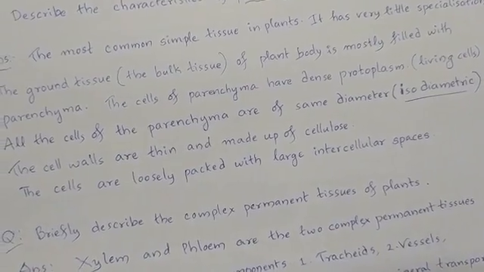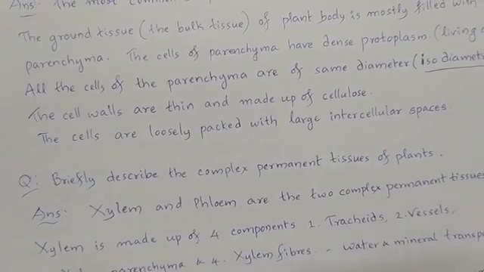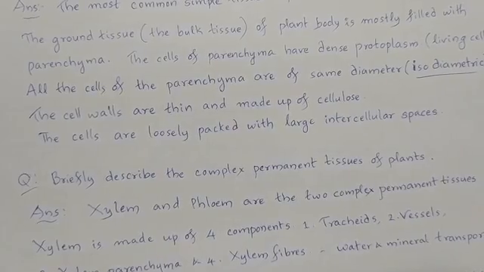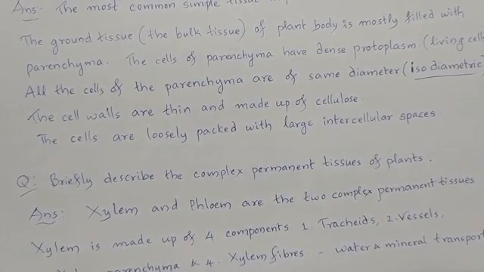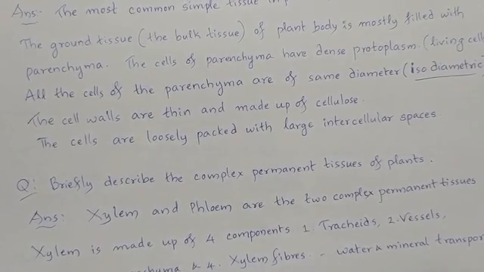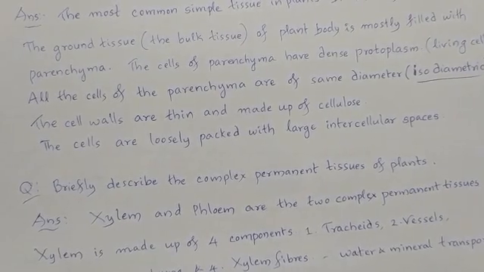Whereas in the case of parenchyma, the cell walls are made up of only cellulose, and the cell walls are generally thin. And the cells are loosely packed with large intercellular spaces. In between the cells, there is a large gap because the cells are loosely packed.